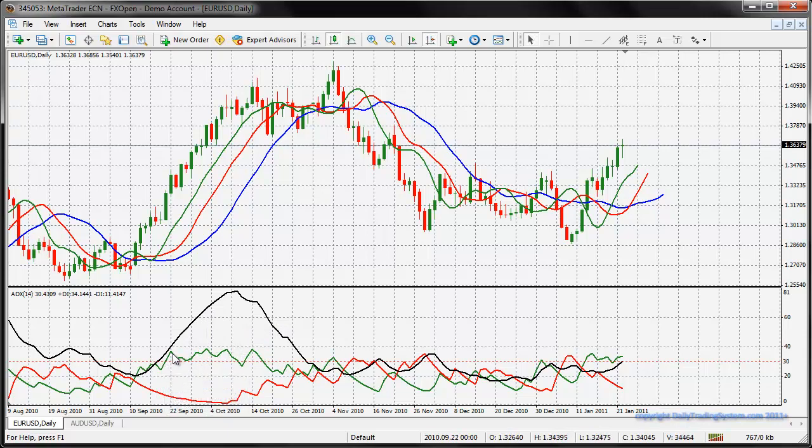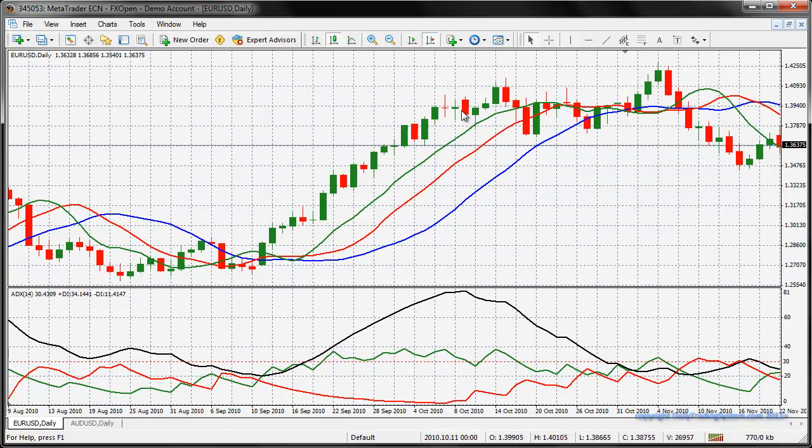The next thing I need to be looking at is this one here. This green line is the positive directional index, and anything that's positive goes up. So this is an indication to let me know that we are in a potential buy trade, or a potential buying area. But before jumping in too quickly, let me zoom in a little bit.